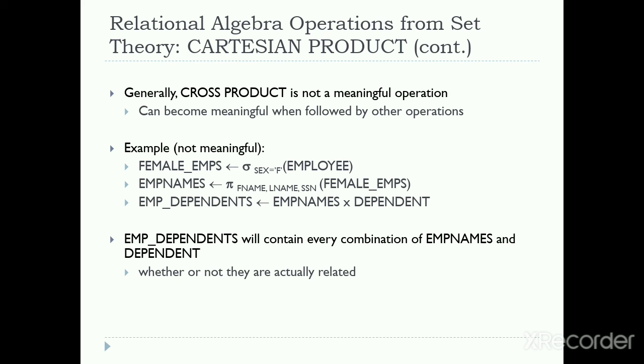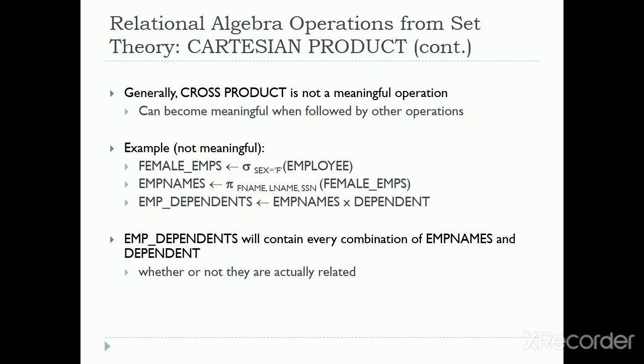After this, on this intermediate result, you apply the project operation and take only the F name, L name and SSN columns. Once you have the F name, L name and SSN of the female employees, you take the cross product with the dependent relation.